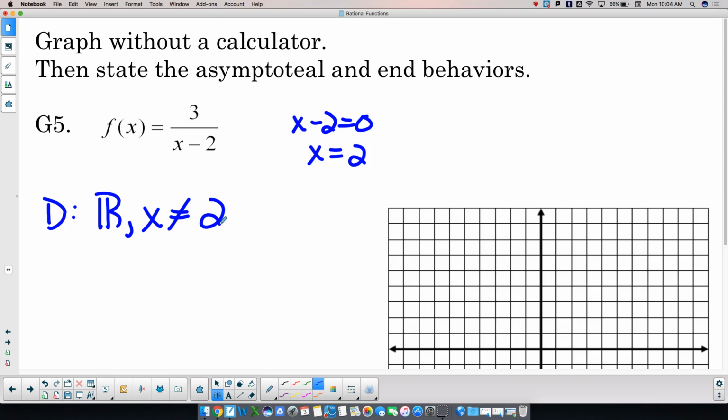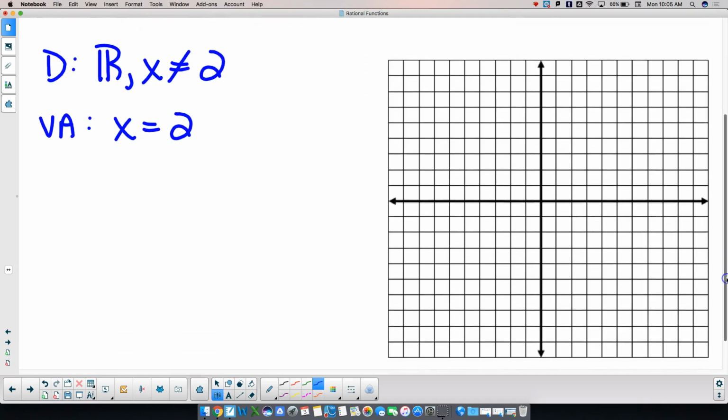Vertical asymptote is x equals 2. And how does a vertical asymptote go onto my graph? Dashed line. So it's a vertically dashed line, 2 to the right of the y-axis, in this case.